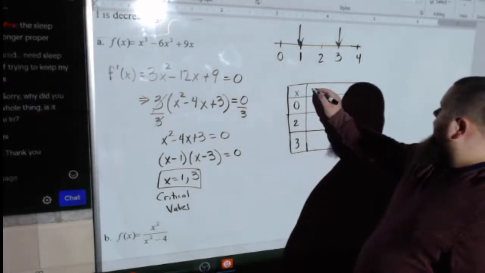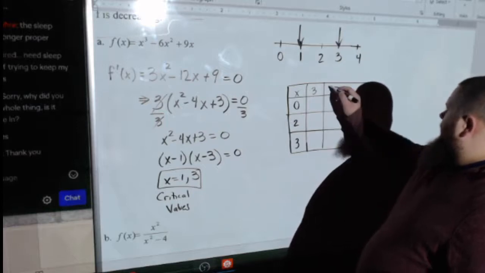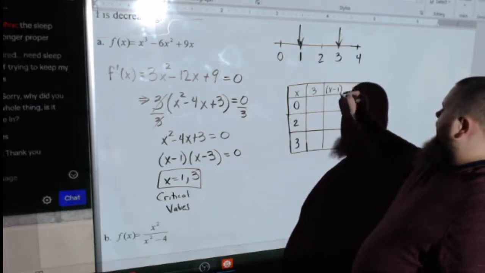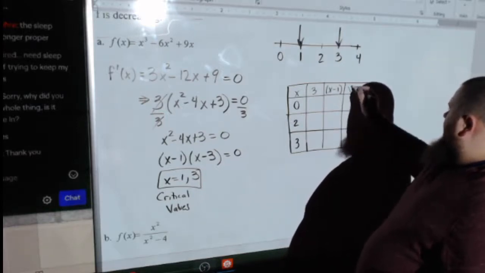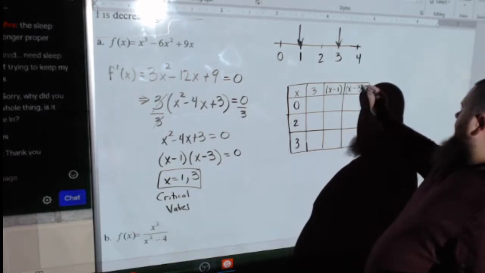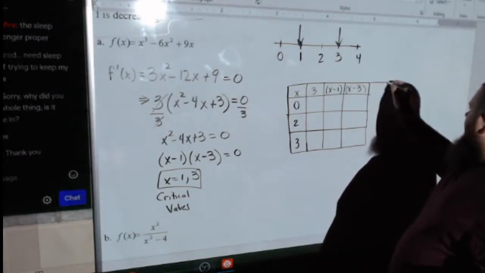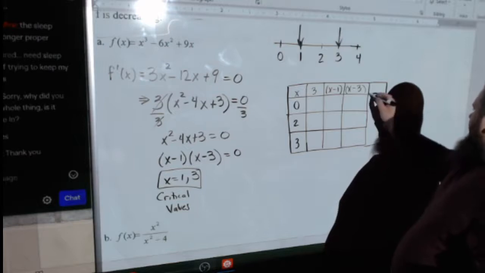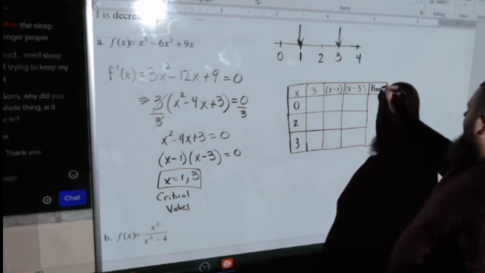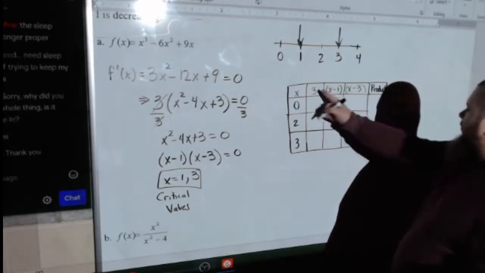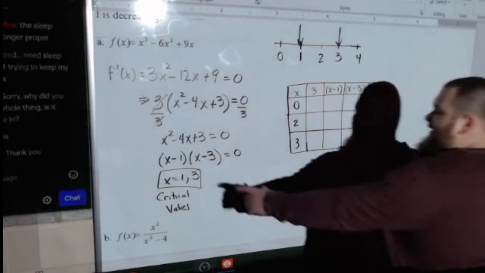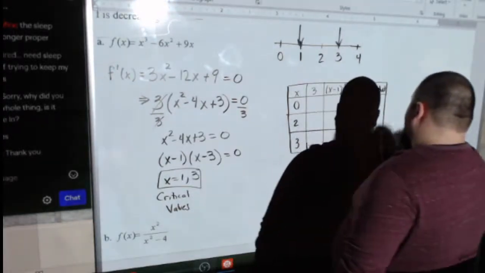That would be 3, x minus 1, x minus 3, and then finally I need a column for the product, because all 3 of these things are technically multiplied together to give me my derivative.